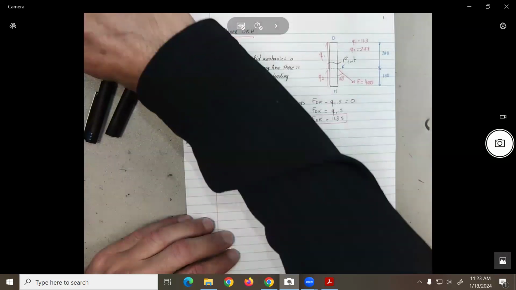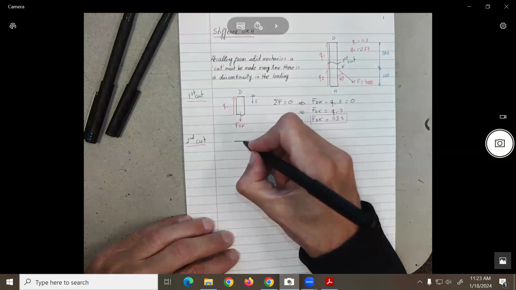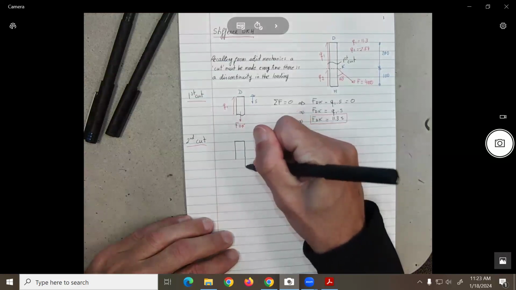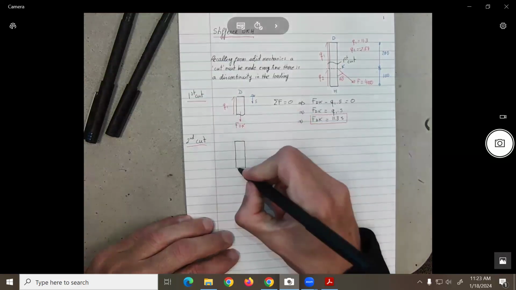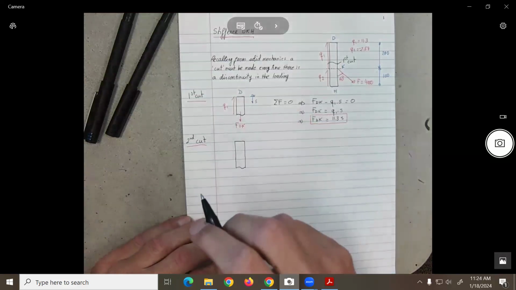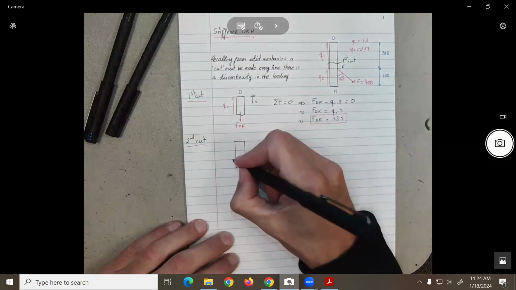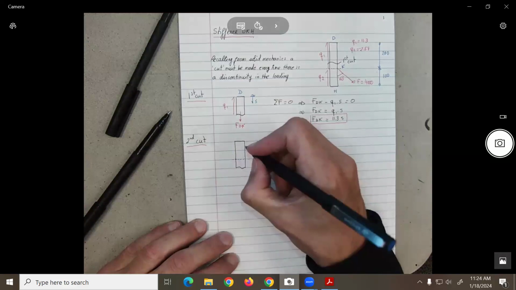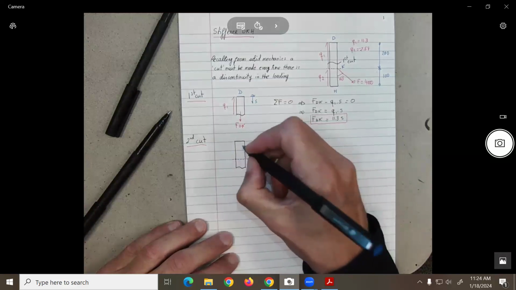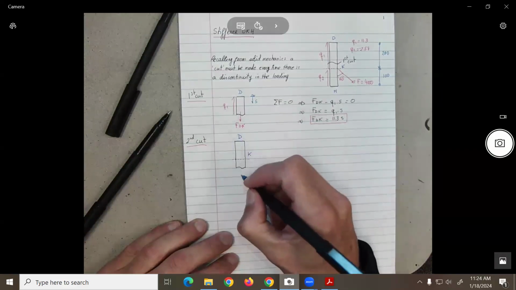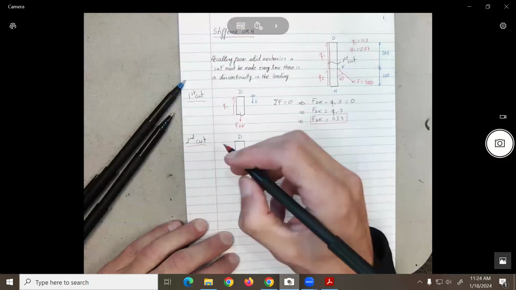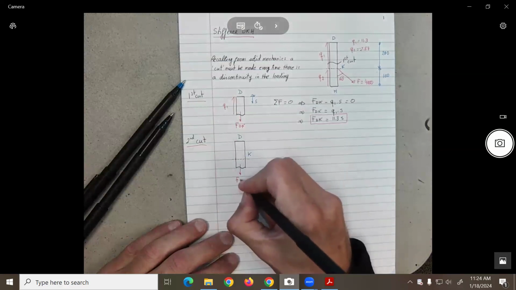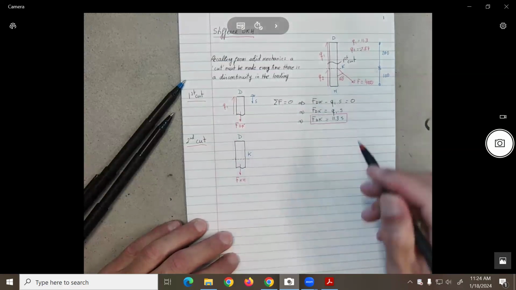We start from the same location, but this time we go past point K. Let's say we make the cut over here, and this will be our point K. Now we're looking for the force at KH.